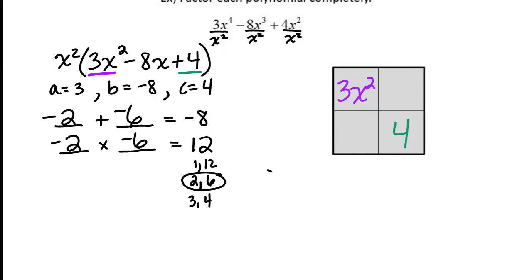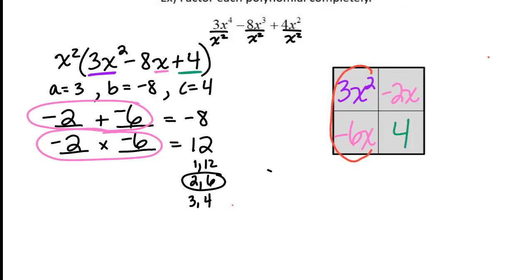Okay. Then you take the b value, these two right here, negative 2 and negative 6. And look at the b value has an x. So I got to put a negative 2x and a negative 6x. Okay. All right. Then for my GCF part of it, 3x squared and a negative 6x.